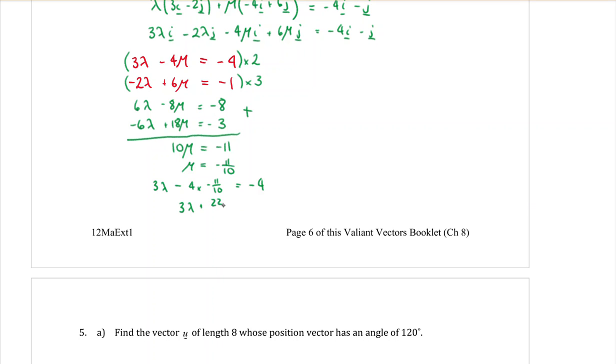That made 22 over 5 equals minus 4. So then I'm going to do minus 4, take that away. 3 lambda equals minus 42 over 5, and then divide the 3. Lambda equals minus 14 over 5.